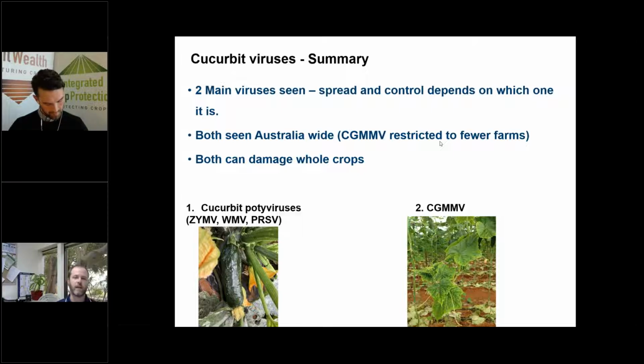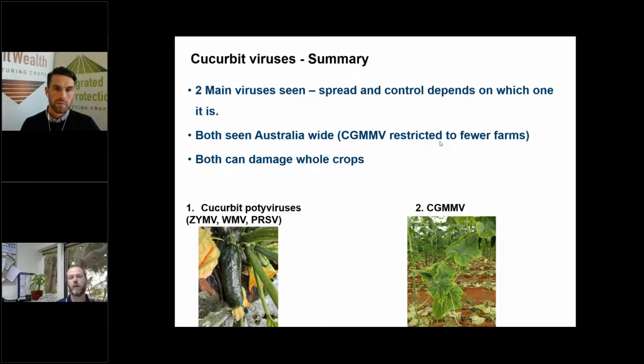And the second one obviously was cucumber green mild mottle mosaic virus, CGMMV. It is in many states around Australia, but in most places it's restricted to fewer farms, whereas the cucurbit ones might be present in most areas in a district.